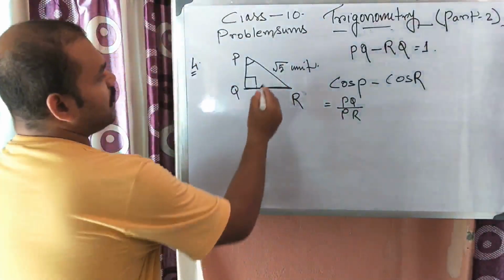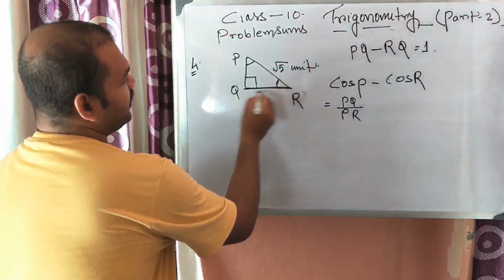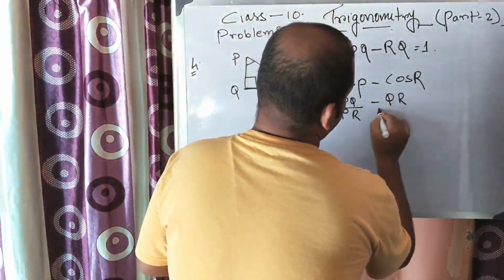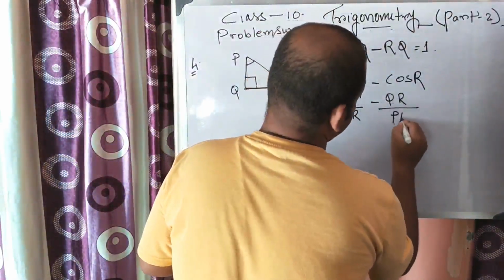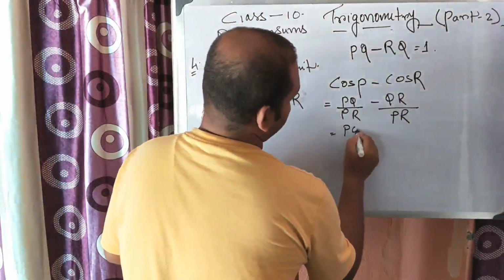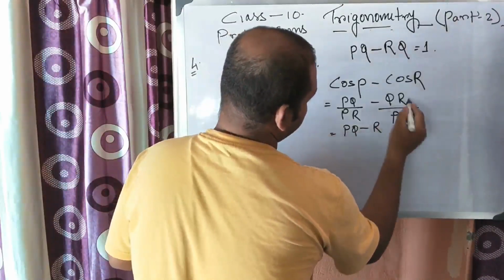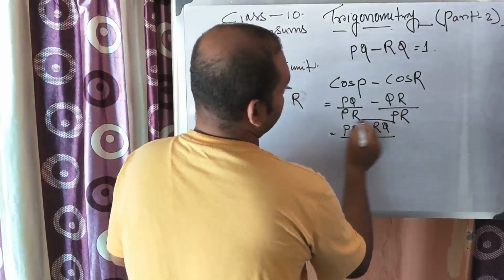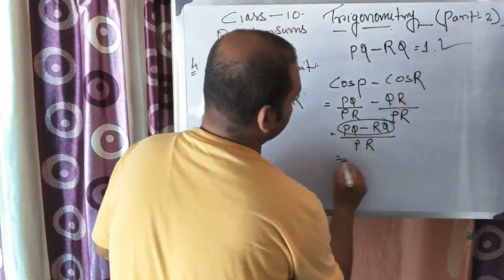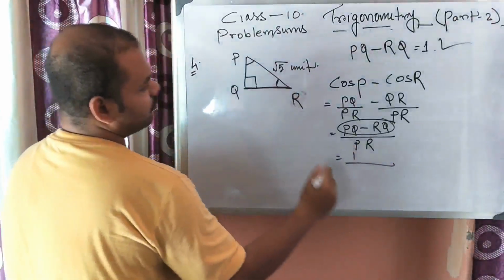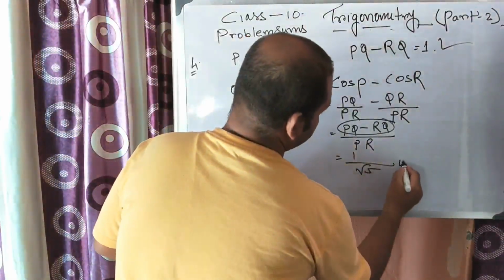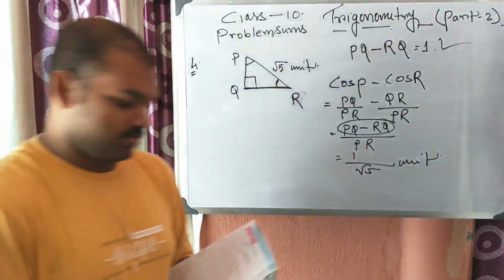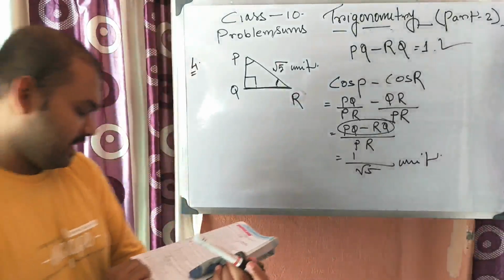And cos R, the base is QR, so minus QR by PR. Very good. So PQ minus RQ by PR. Now put the value. The value of this is 1, so put 1, and PR is root 5, so 1 by root 5 unit. Very easy. So this one is also easy.